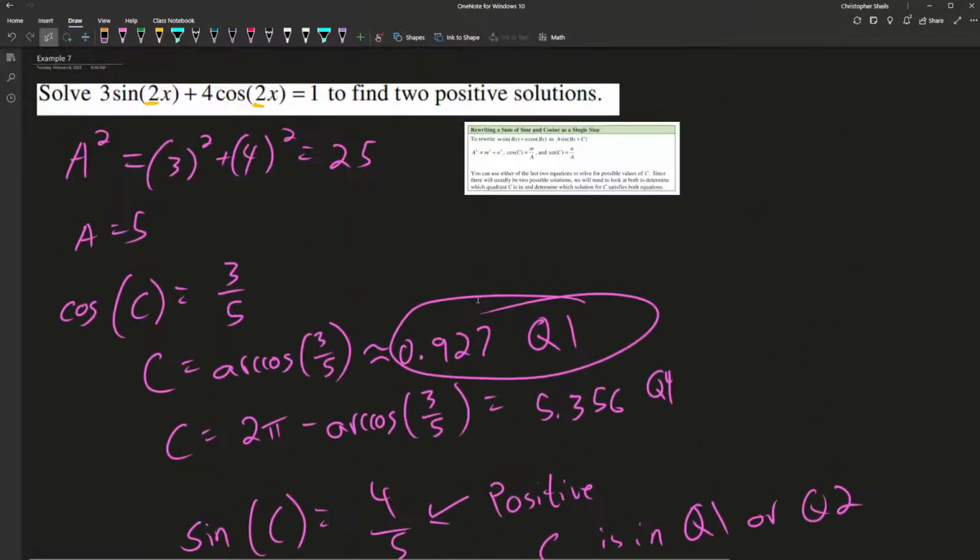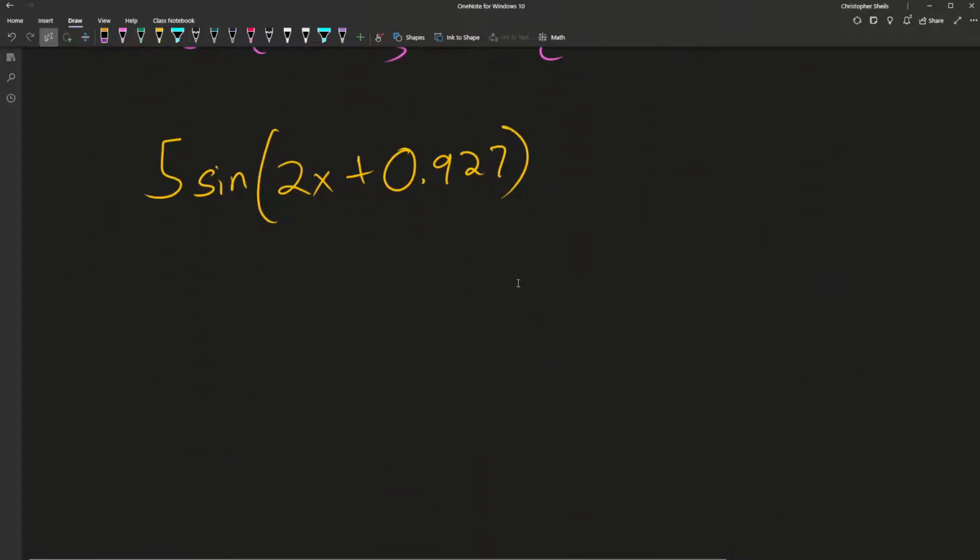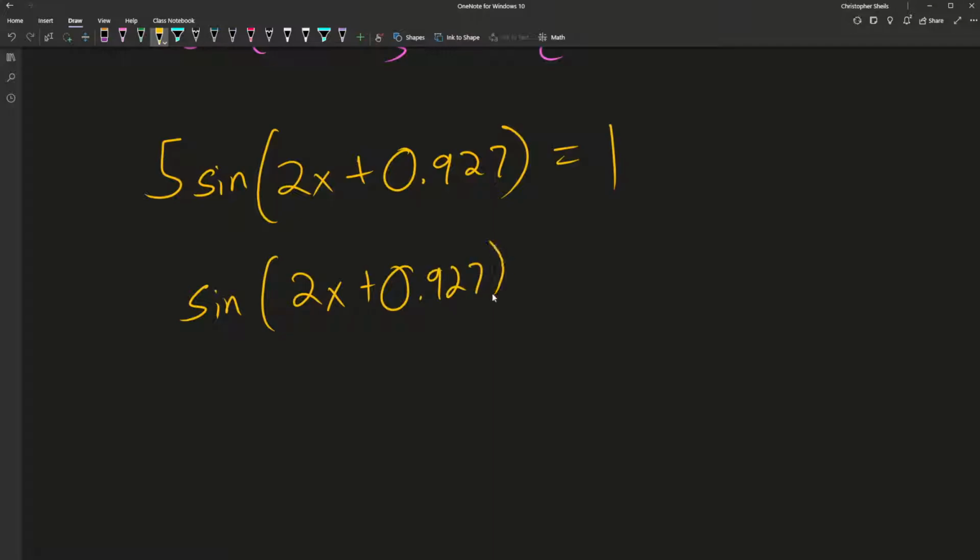And I want to solve for where this is equal to 1. Well, I can isolate my sine function now by dividing both sides by 5. I can now take the arc cosine, or the inverse cosine, of both sides.